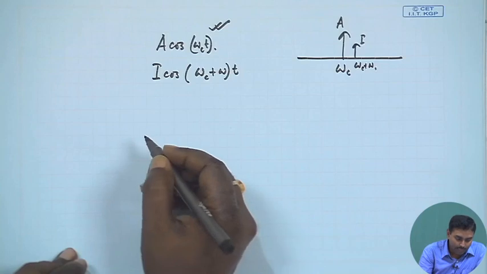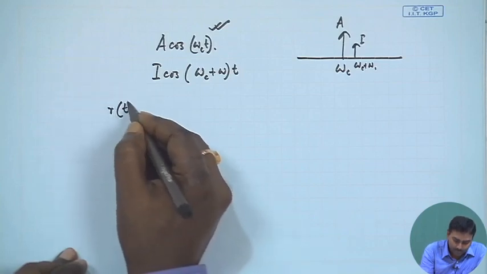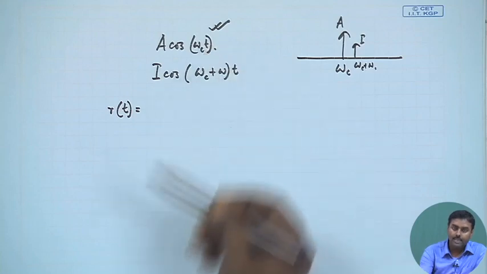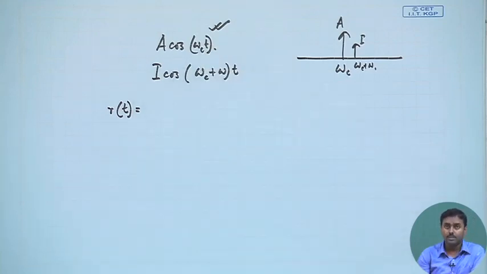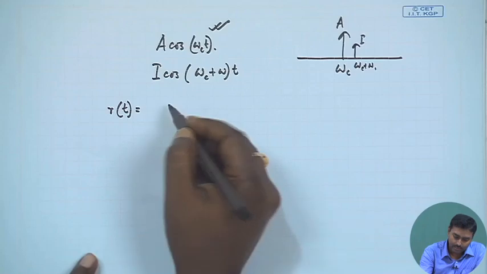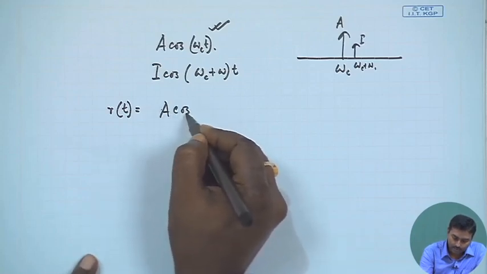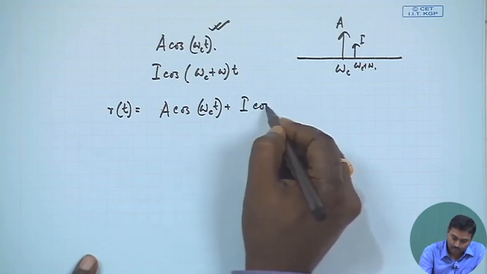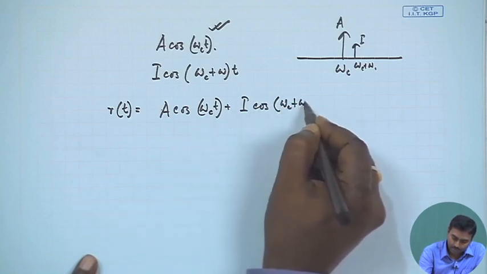Suppose my received signal will be, because in the channel I will have this carrier as well as this interferer, the addition of these two. So I will have A cos omega c t plus I cos (omega c plus omega) t.